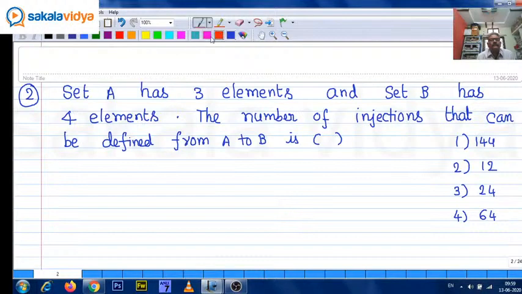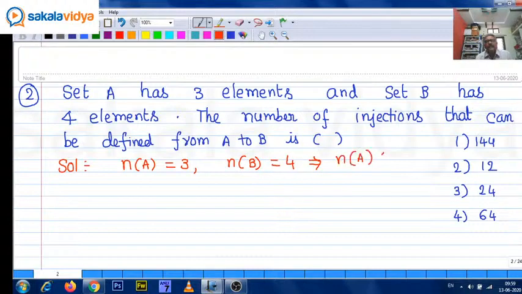Solution. Let us move to the solution. N of A equals 3, n of B equals 4. So that implies we have n of A is less than n of B. Now one-to-one functions can be defined.